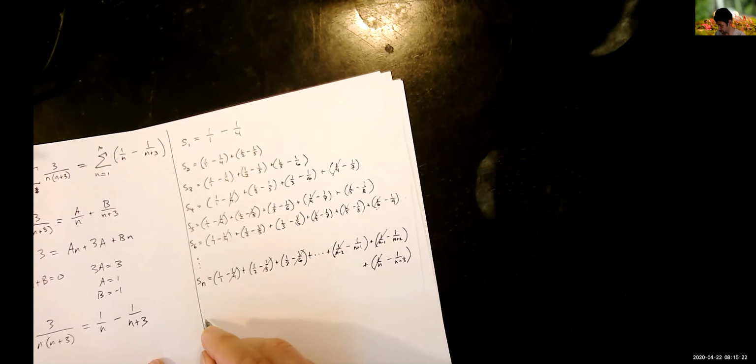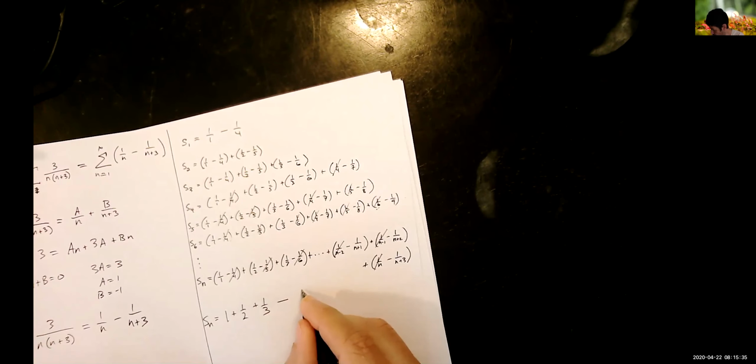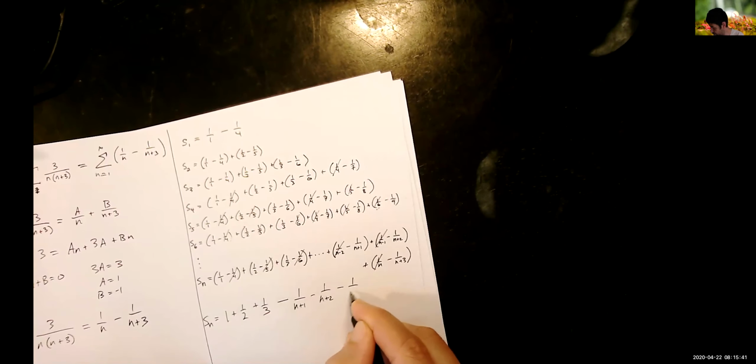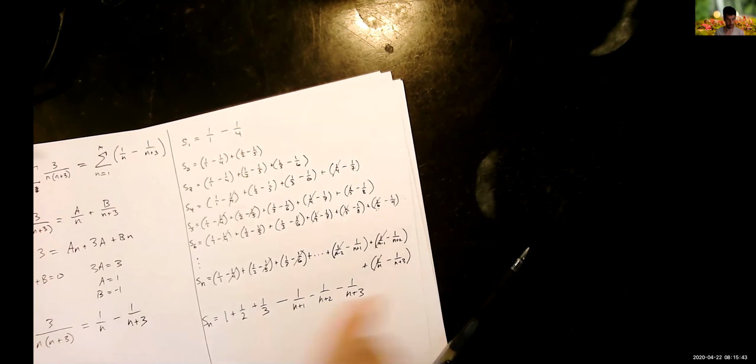And so all that's going to be left, we can write this out as, we've got 1 plus 1/2 plus 1/3 minus 1 over n plus 1 minus 1 over n plus 2 minus 1 over n plus 3.